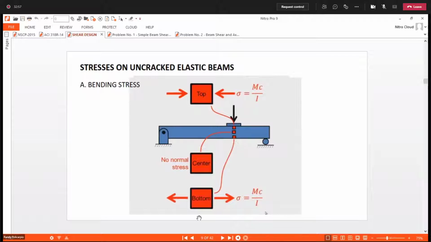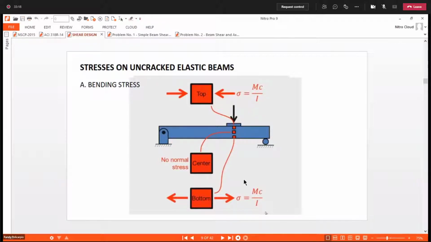Now at the bottom, the part here is under tension. So if we consider an element there, the forces acting on that element will be tensile forces, and the stress is a tensile stress.